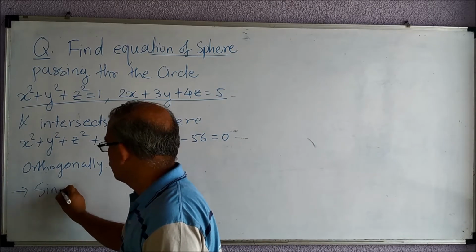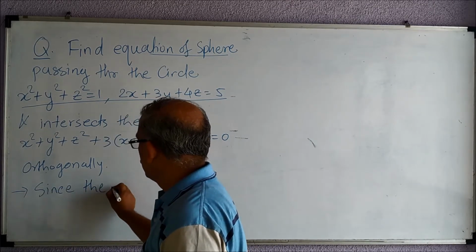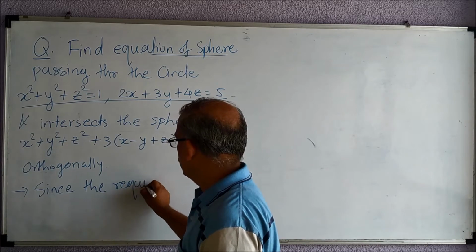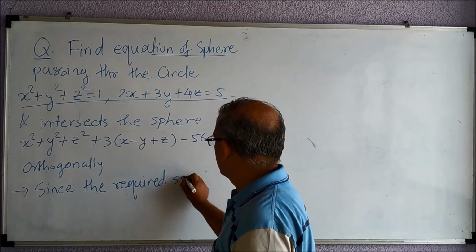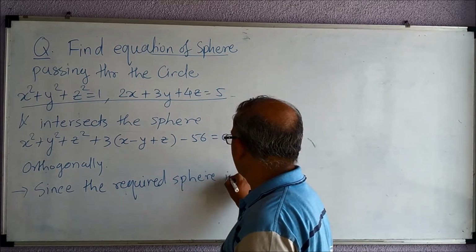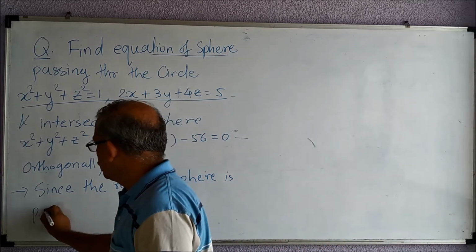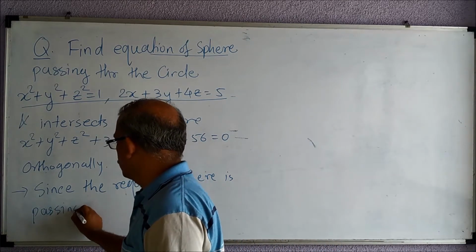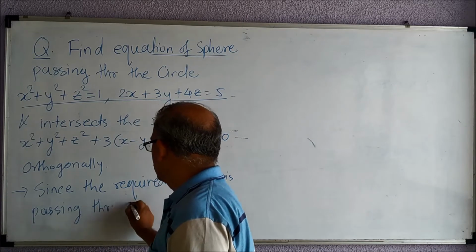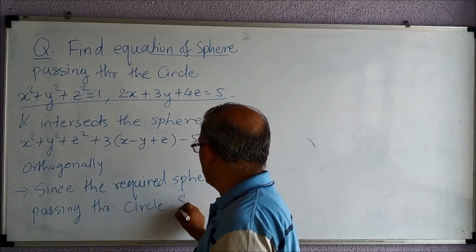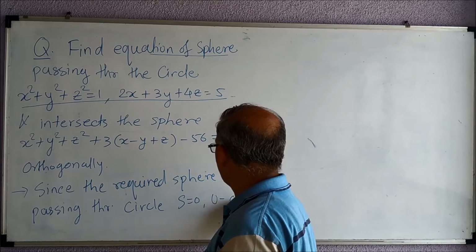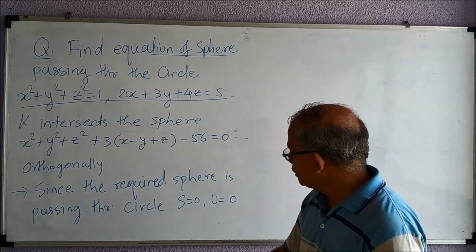Since the required sphere is passing through the circle S equal to 0, U equal to 0. What is S and U?